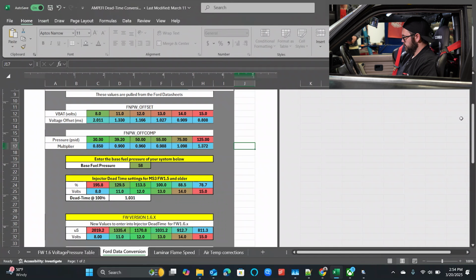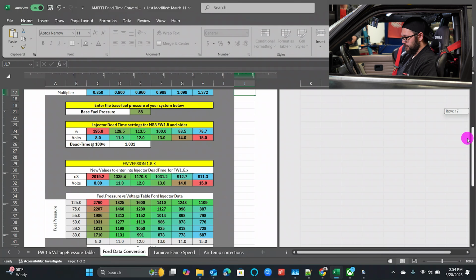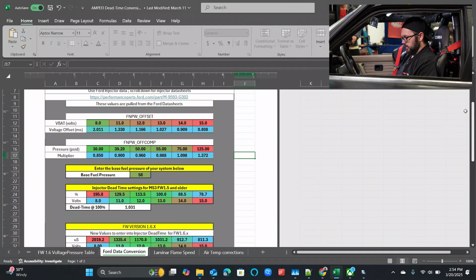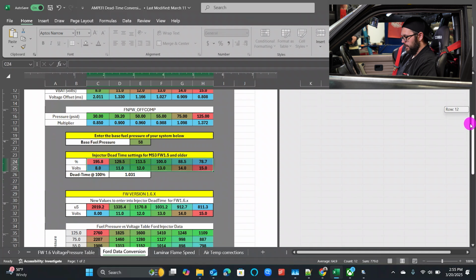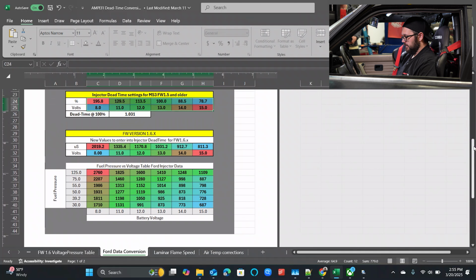This is available to you when you download the spreadsheet from the website, and you will put in your offset data and your offset compensation data, set your base fuel pressure, and it will spit out injector dead time settings, not only for firmware 1.5, but also for firmware version 1.6.